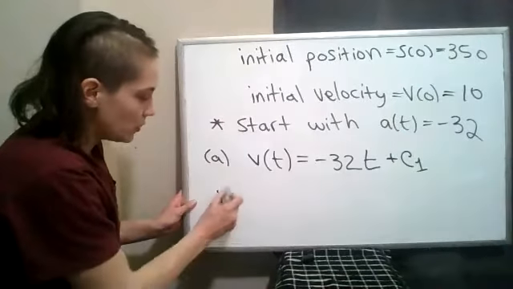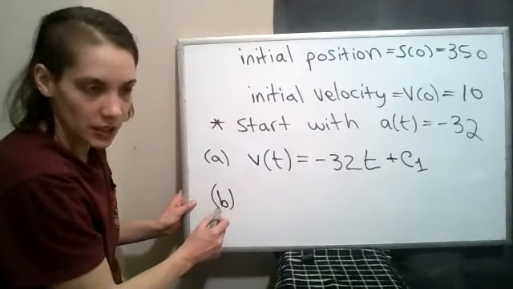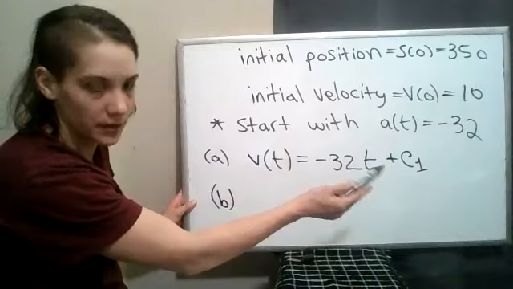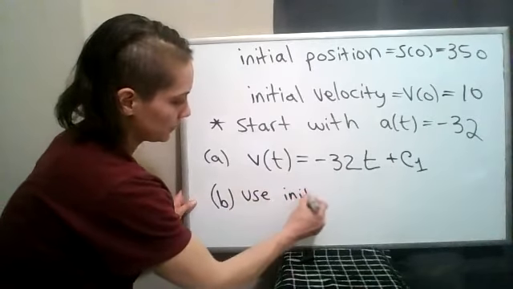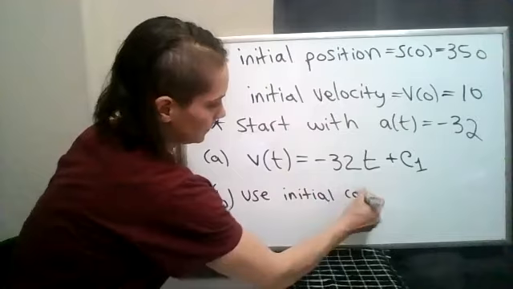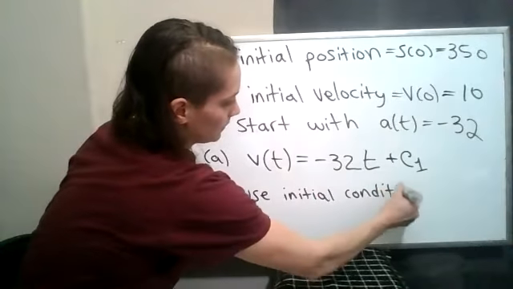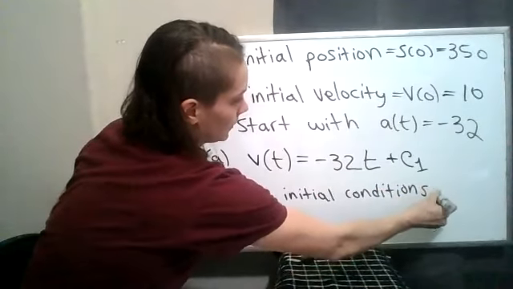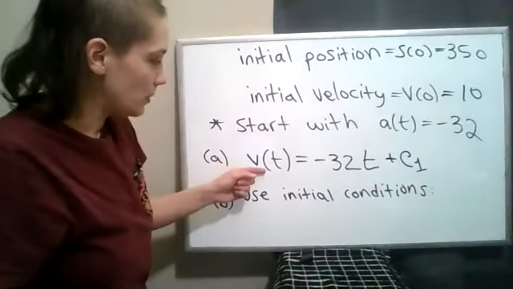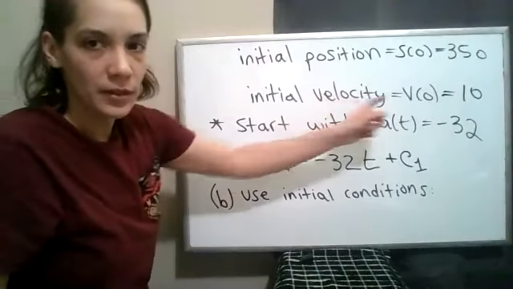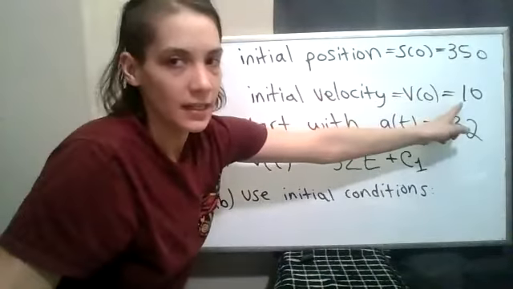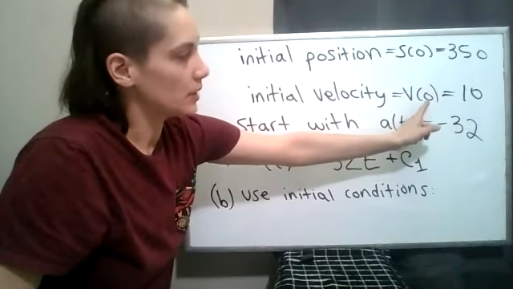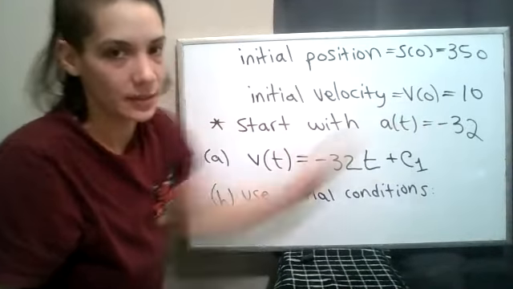Part B, use one of your initial conditions to find that number. So far I know something about velocity, so we're going to use this part. The initial velocity is 10, so put in t equals 0 into that function.